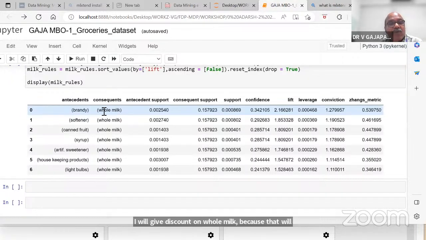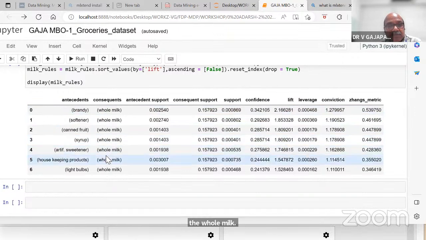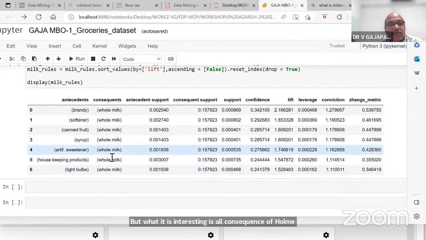Milk is low priced, and these people usually buy brandy also, so they will buy brandy. Otherwise, if I give a discount on brandy, I can increase whole milk. But what is interesting is all consequents are whole milk. All consequents are whole milk, you see.